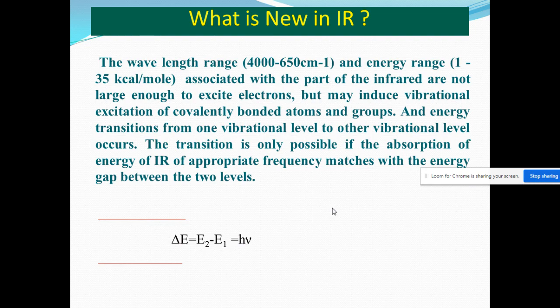By this amount of energy, transition of molecules from one vibrational energy level to another occurs. The transition is induced by the absorption of infrared light of appropriate frequency, which matches the energy gap between the two levels.